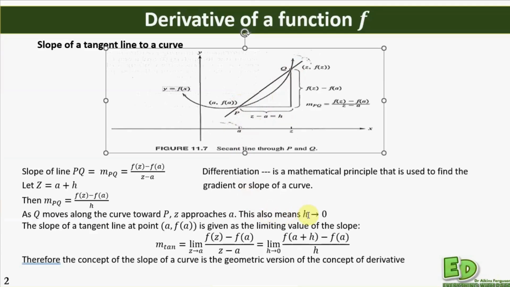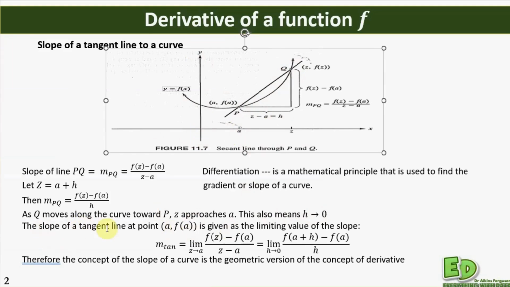This also means H approaches 0. Because when you have a graph over here, the point 0 is here, right? So you can see that as this point Q moves along the curve to point P, Z approaches A, or we can say H approaches 0, right?